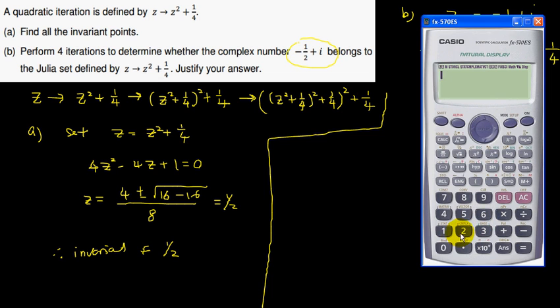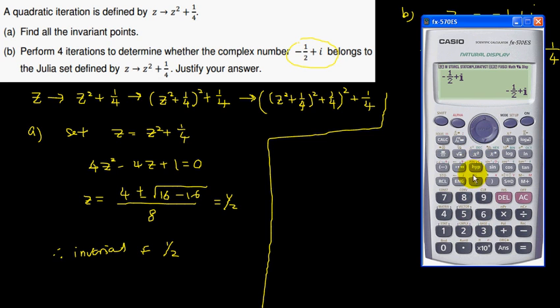And to do that, we enter, make sure it's in complex mode, and then make sure you enter the right value. This is negative, so I want to enter negative 1 over 2 and plus i here.